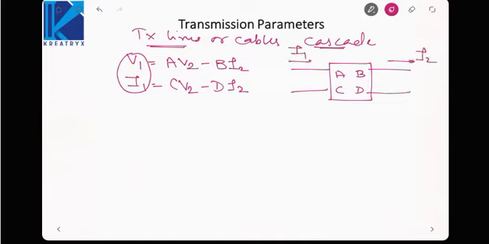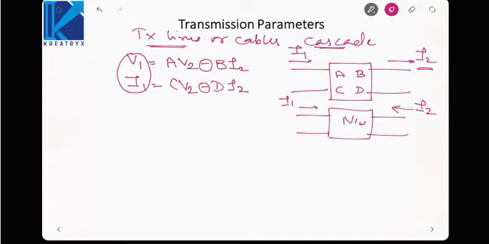Because when I drew the two-port network, I had drawn it with I1 like this and I2 like this. But actually current must enter from one port and leave from the other. So if you assume I2 as leaving, then there is no need for this minus sign, you will use a plus sign. But if you are assuming I2 as entering, then we have to show this negative sign.